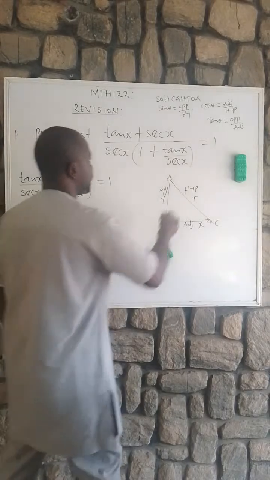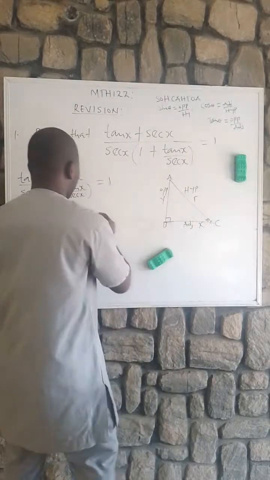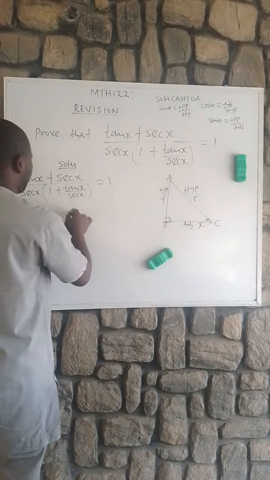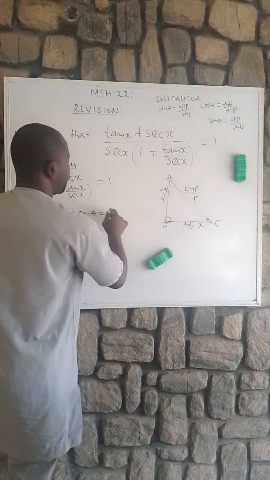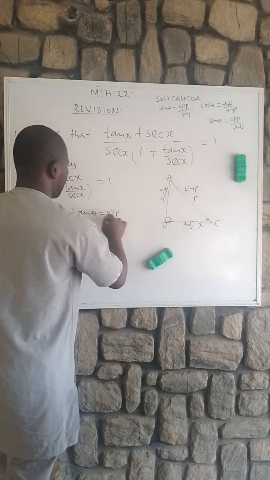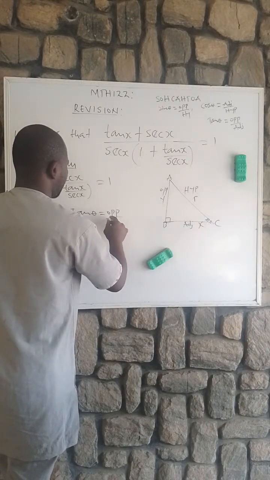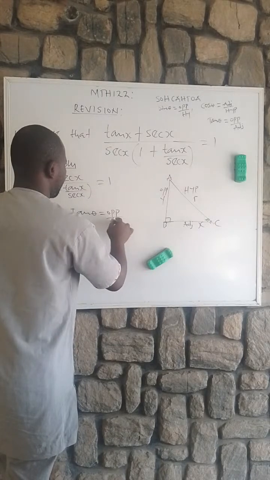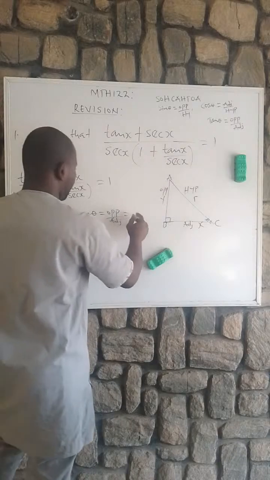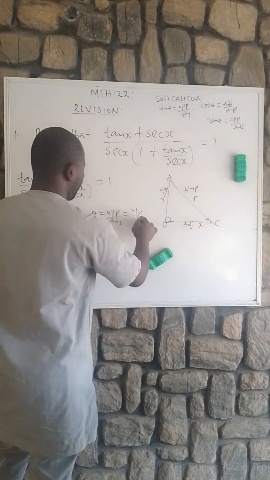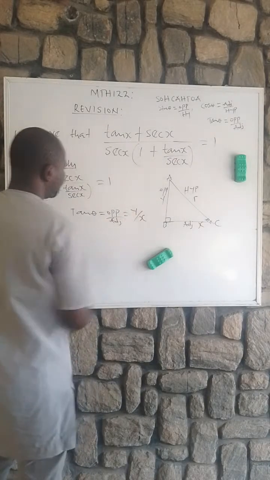This means that tan theta is equals to opposite all over adjacent, which is equals to y all over x, isn't it?